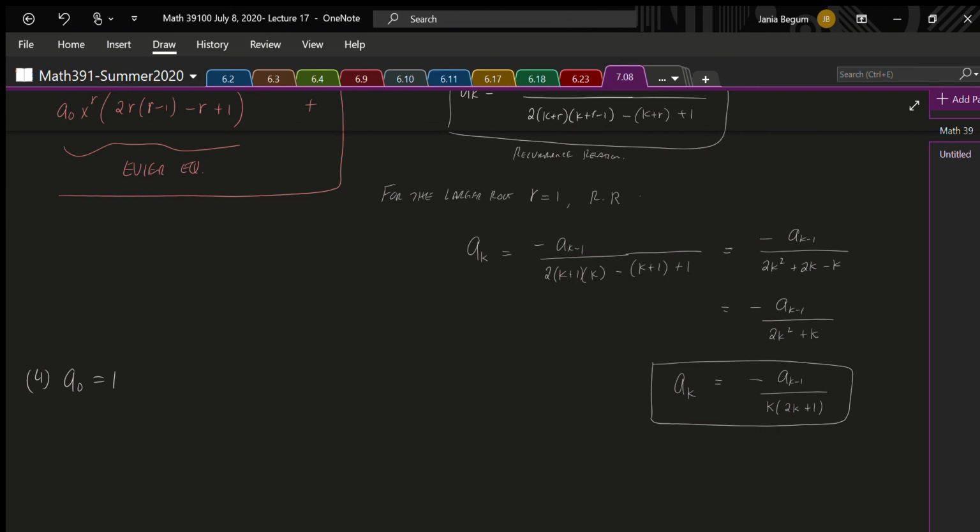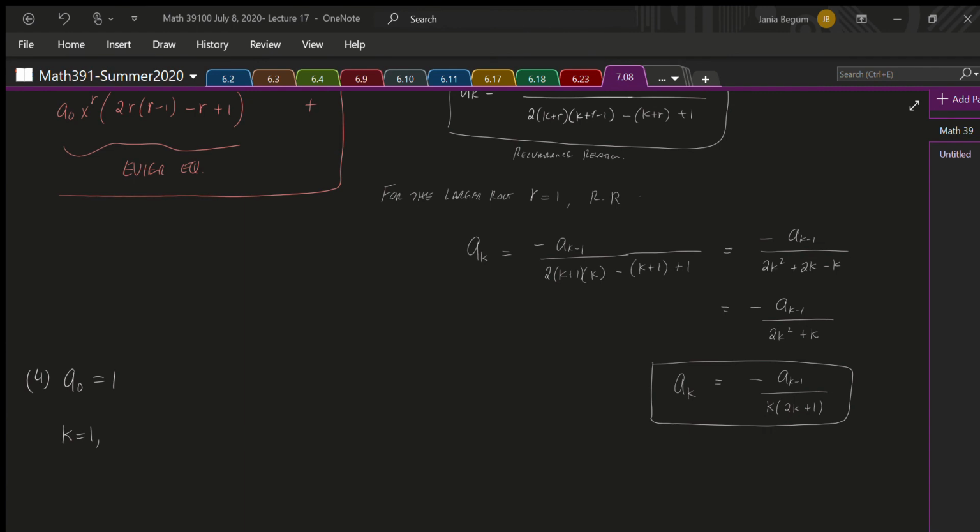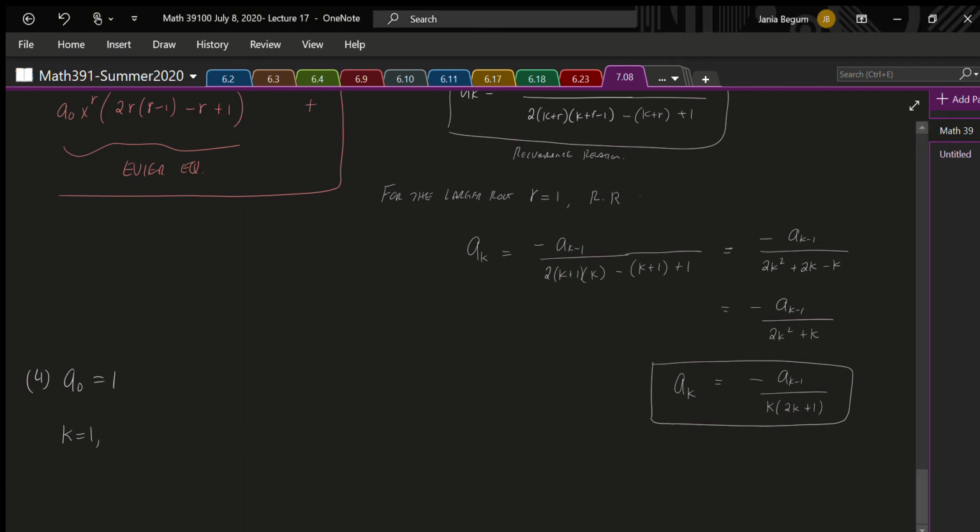Do you guys see why I stopped and we start k equals 1? Yes, because a sub 0 is equal to 1. Right, so we're forcing a0 to be 1. That's why.